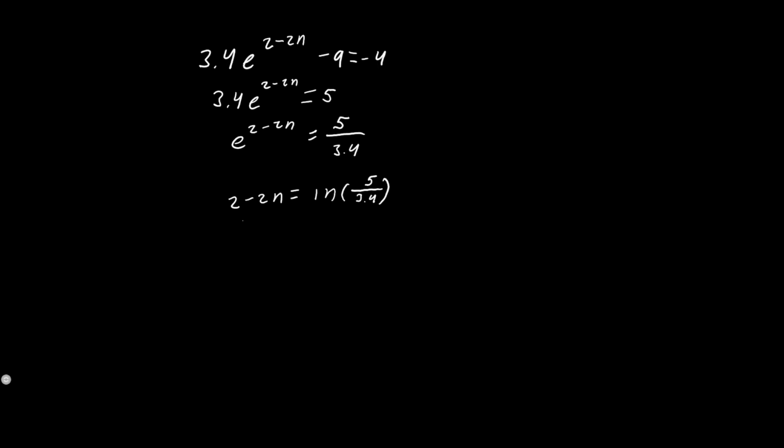And we are going to go ahead and subtract 2 from both sides, giving us negative 2n is equal to the natural log of 5 over 3.4 minus 2. Dividing by negative 2 to get n, we end up with n is equal to negative the natural log of 5 over 3.4 minus 2, divided by 2. And that is the solution to our equation.